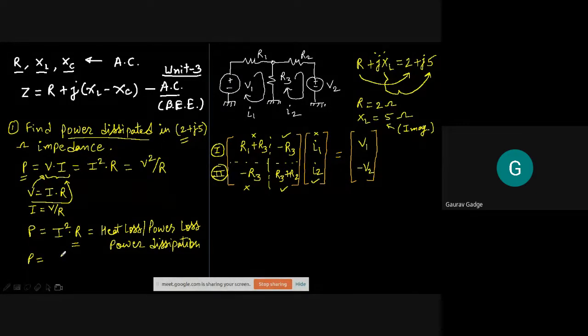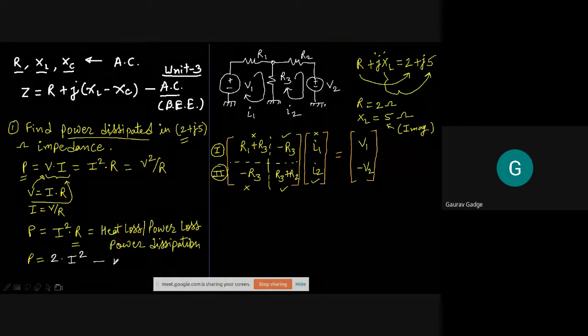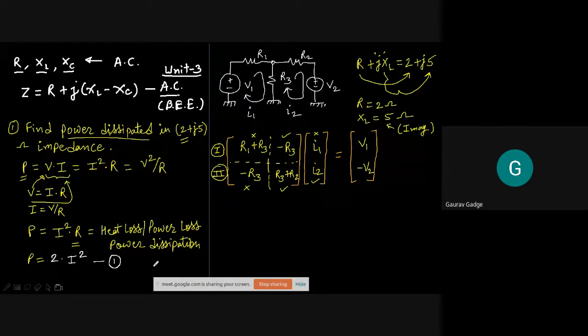So which part is indicating resistance in 2 plus J5? 2. Very, very good. So the equation to find that power is 2 into I square. P is equal to 2 into I square is my equation 1. Is it clear to all?